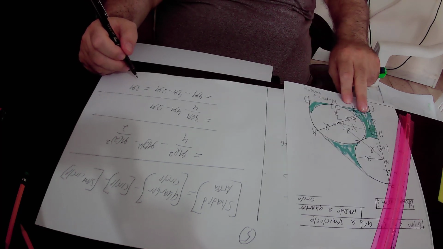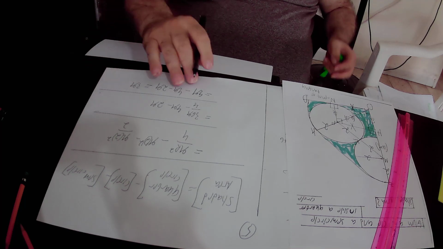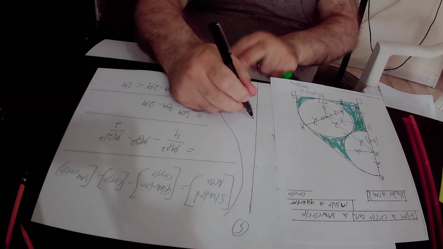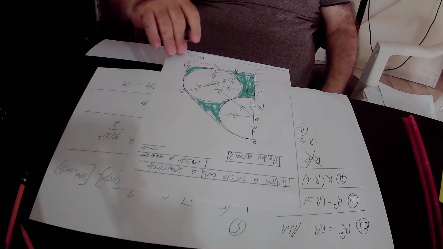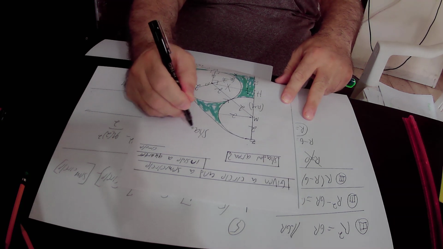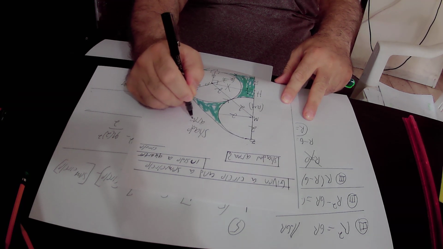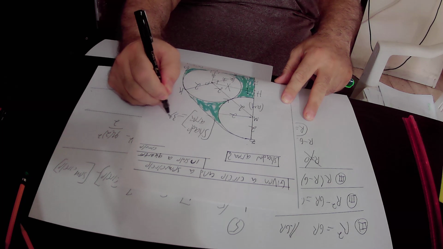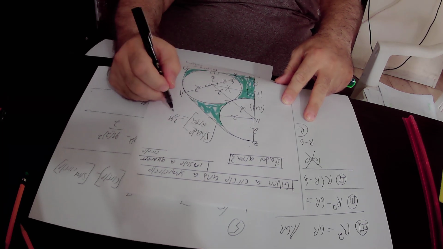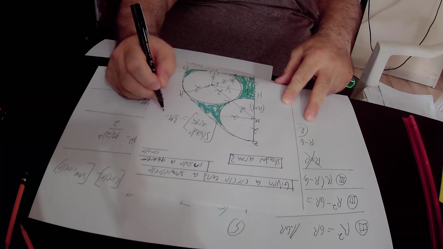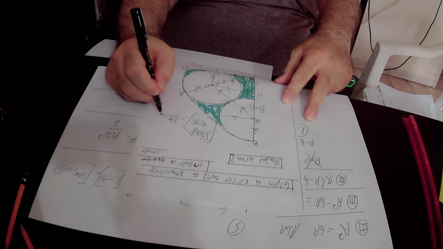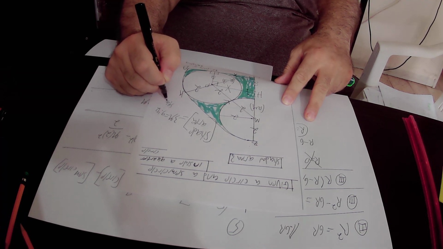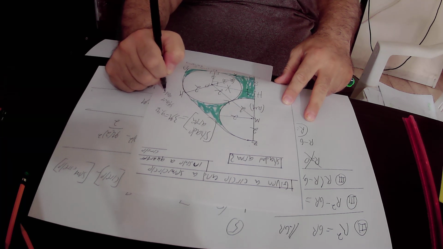So in conclusion, we found out that this shaded area equals 3 pi square units, or in terms of numbers it is 9.42 square units. Okay?